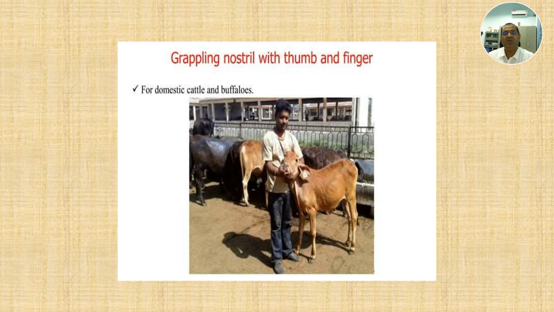Especially the fingers have to be held on the nostril of a cattle or buffalo for certain procedures, like administration of some drugs orally, etc. This technique can also be used by standing on the left or right side of the animal with the head slightly raised, and we should very firmly hold the nostril above the animal.